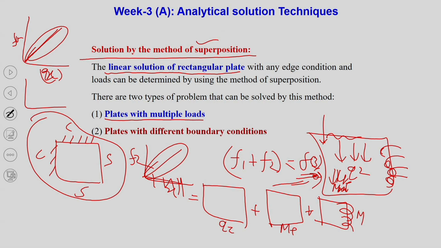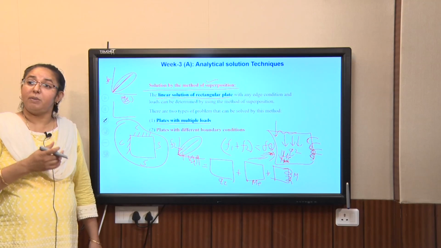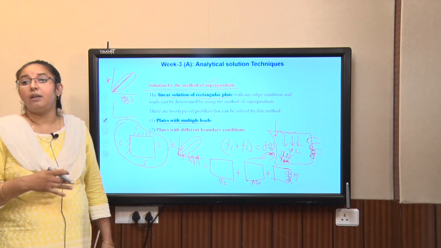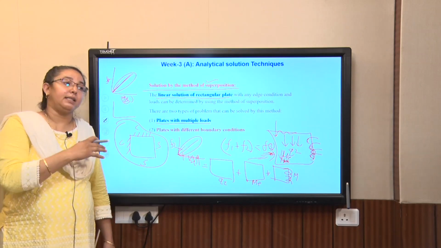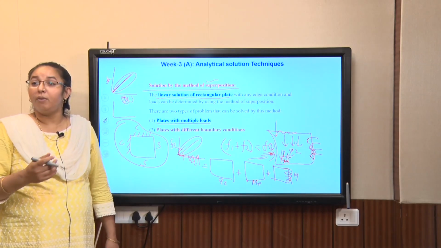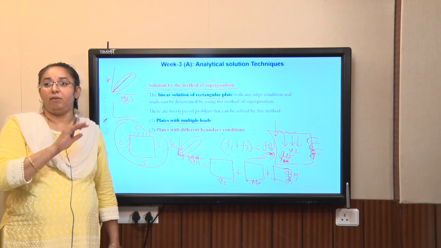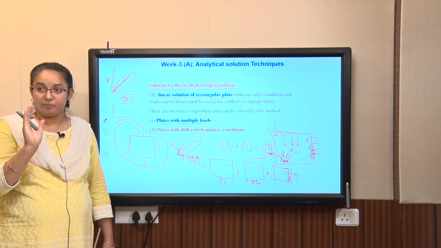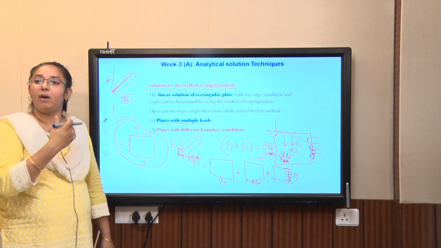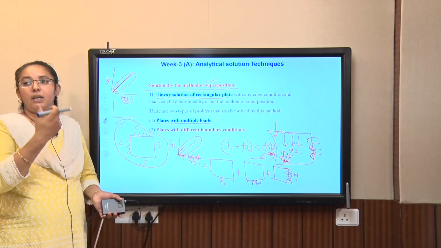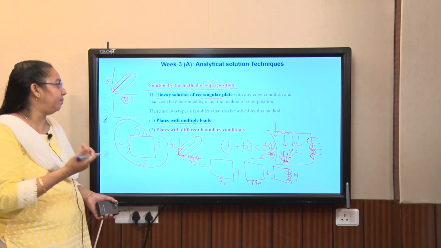Like in structural engineering, in civil engineering, suppose a building is subjected to wind load, dead load, live load and some other kind of loading, then how do you analyze? We will say that building is under only live load, under only dead load, or under only wind load, and then you add the solutions. Whatever solutions you get, you can add them simply.